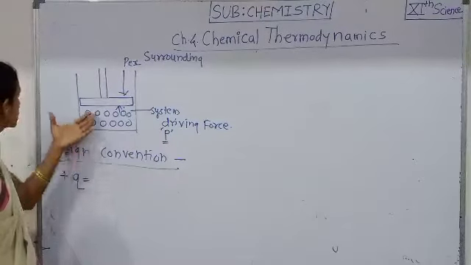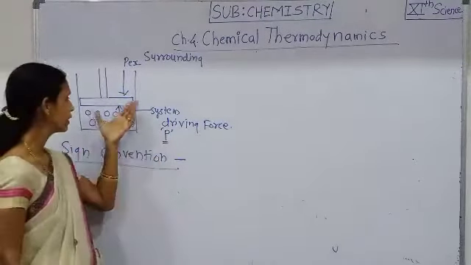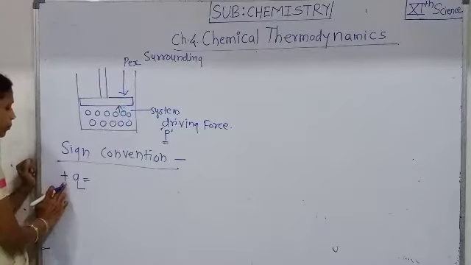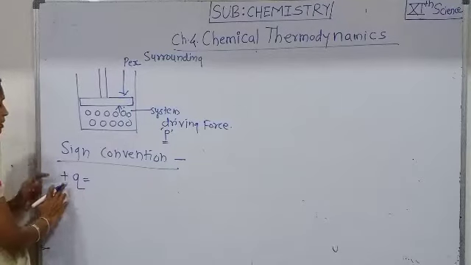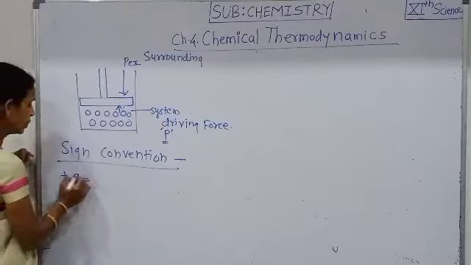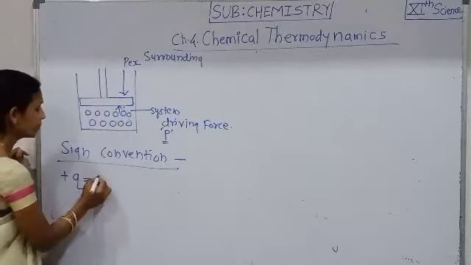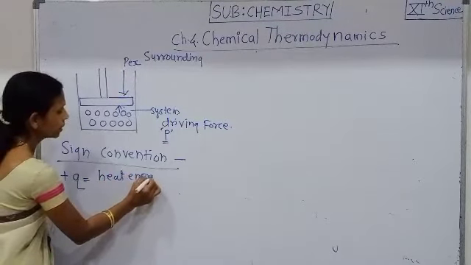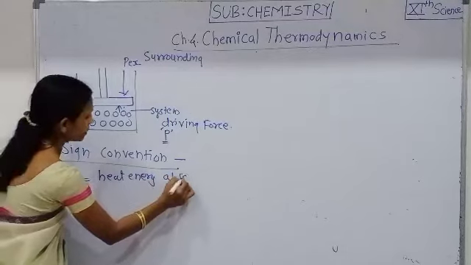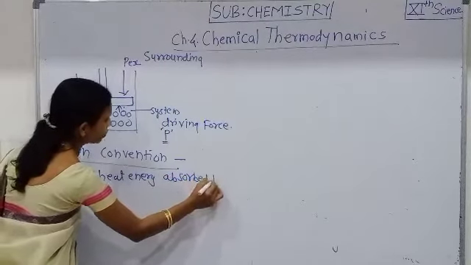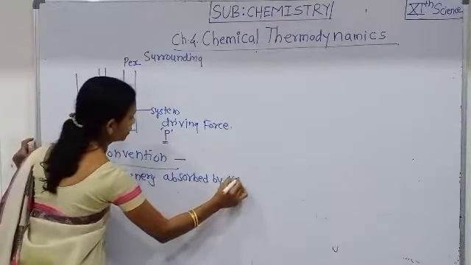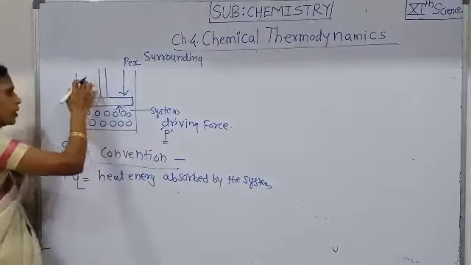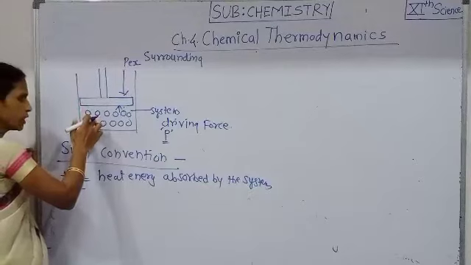Then we will discuss the sign conventions during any process. Here plus, that is heat energy, is considered as positive, that is plus Q. That means here heat energy is absorbed by the system, that means here heat exchange takes place from surrounding to system.